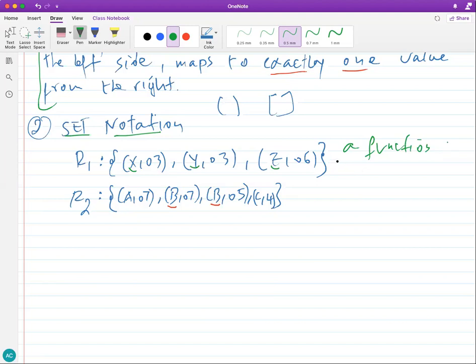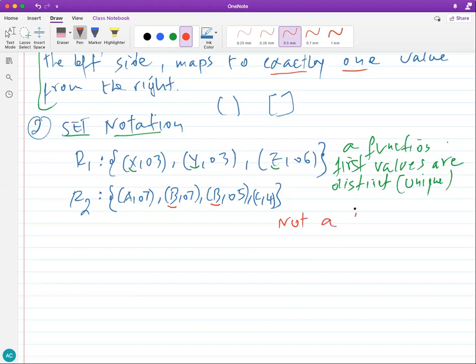The first elements are these things. The first values are distinct or unique. They're not repeated, in other words. But this one here, not a function, because the first value is repeated. Exactly.